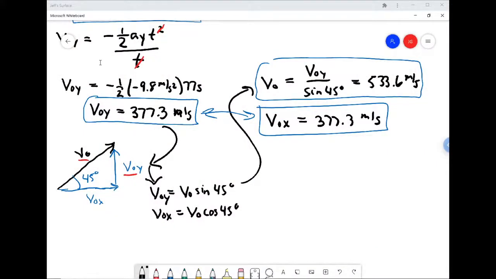All right, so the next part of the problem is, what is the maximum altitude? We could proceed in a number of ways here, but let's be clever. This is a projectile that goes up and comes down at the same height.